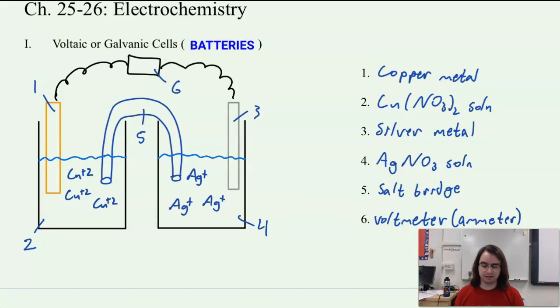This is going to be important later. This is a battery, and if we were to set it up, it would conduct electricity. Why is it conducting electricity? That's what we're going to cover as we continue. We're going to bounce back and forth between this diagram and the notes, so make sure you're comfortable doing that. Let's dive right in.